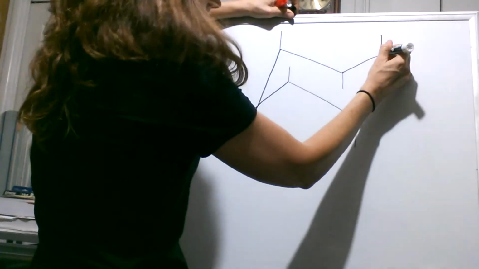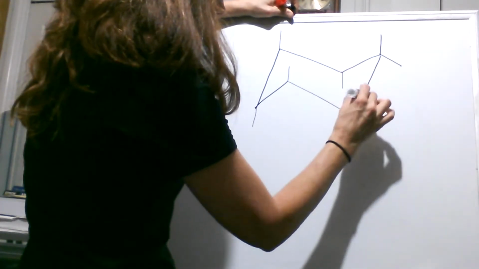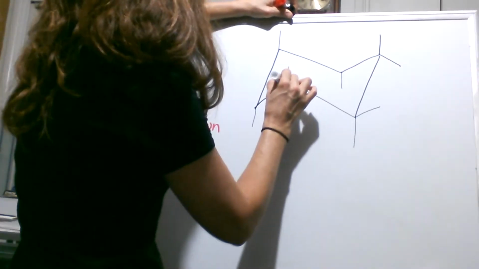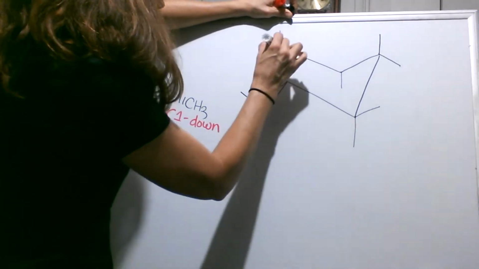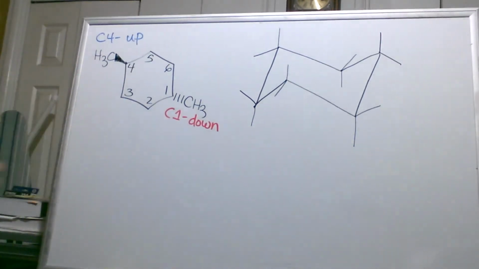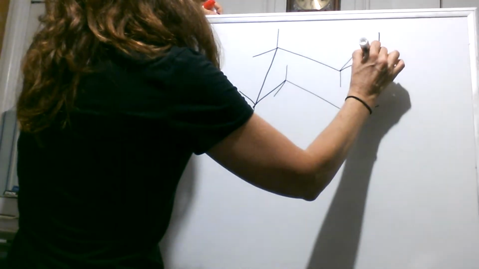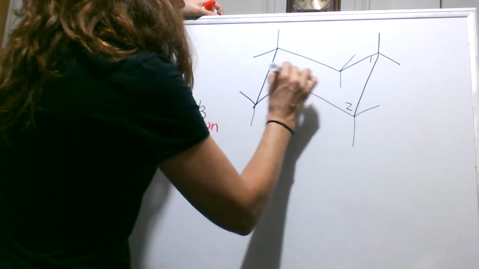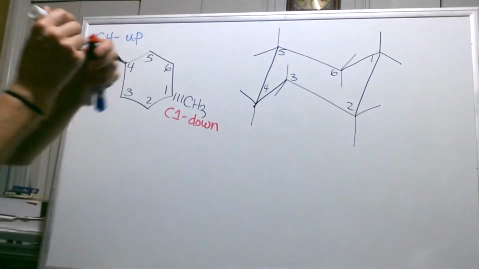And then the equatorial starting in this upper corner, starting in the down position, down, up, down, pointing towards a closer carbon, up, down, up, pointing towards the closer carbon. And then we number the carbons. So 1, 2, 3, 4, 5, 6.